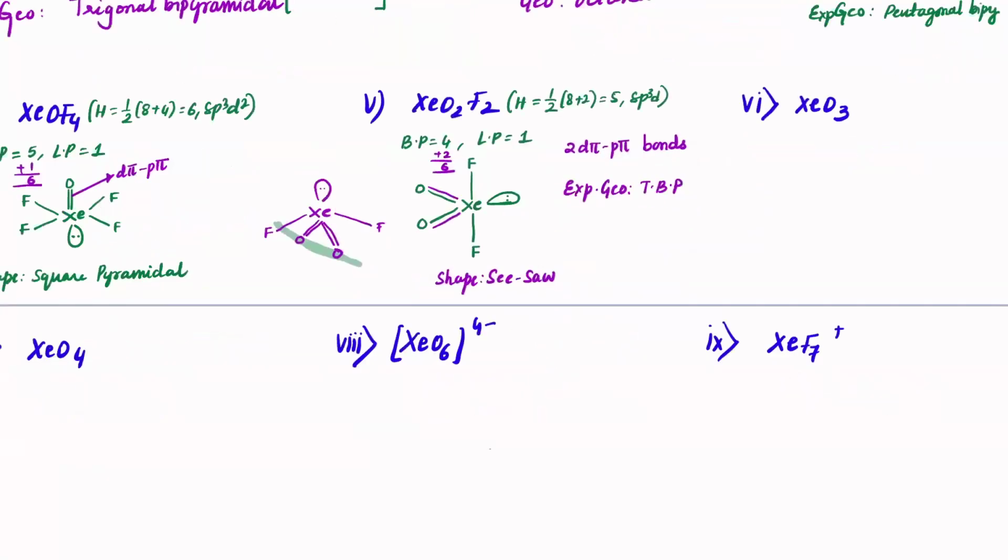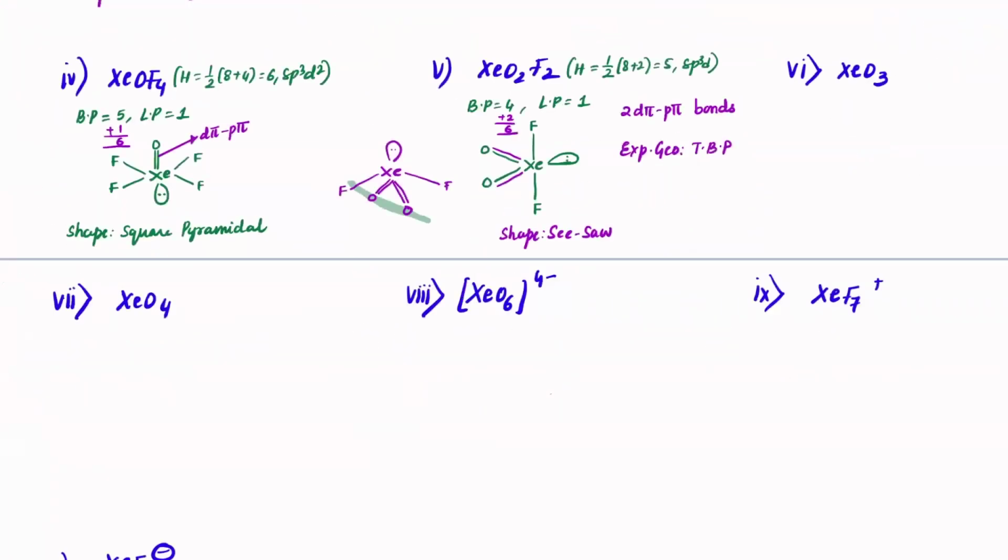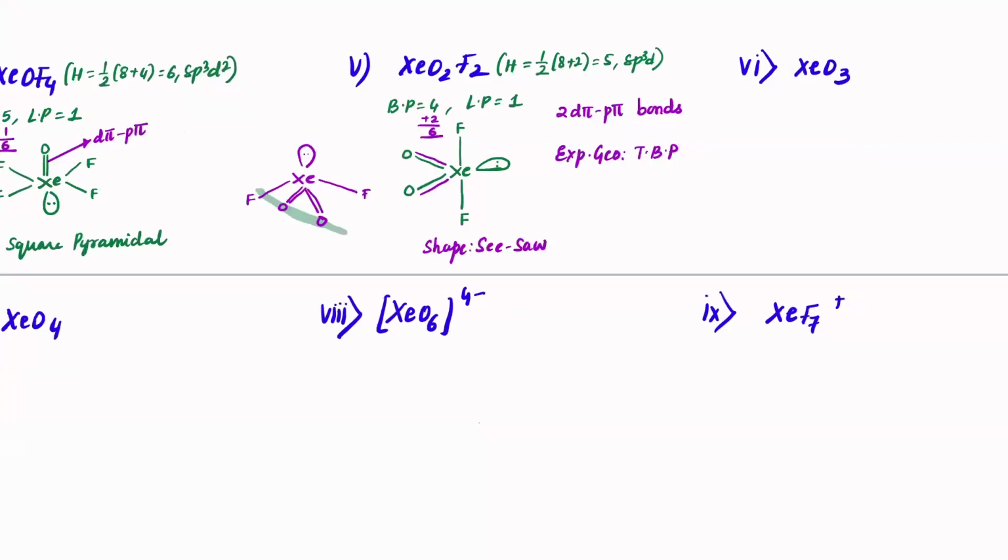Next, notice XeO3. The steric number will be half of 8, which is 4, and you can see there are 4 of them, but only 3 connections. So it is supposed to be sp3, and we have xenon with a lone pair here with one oxygen, oxygen, and oxygen.